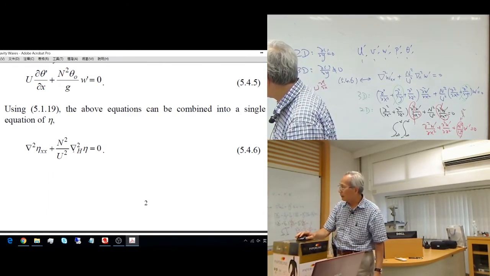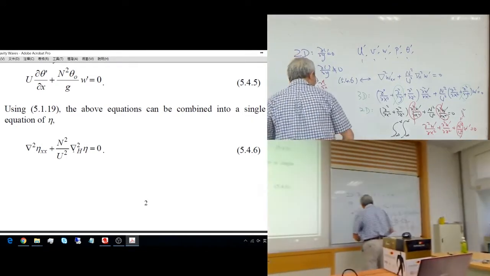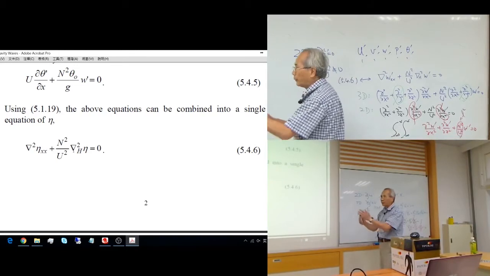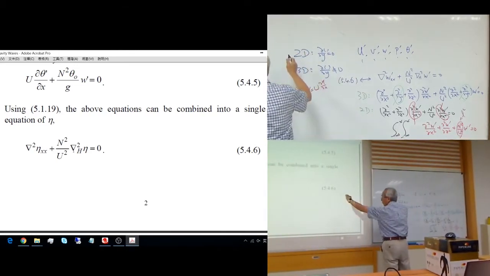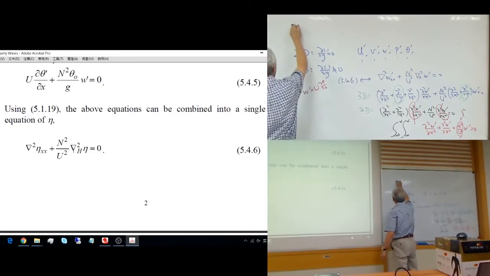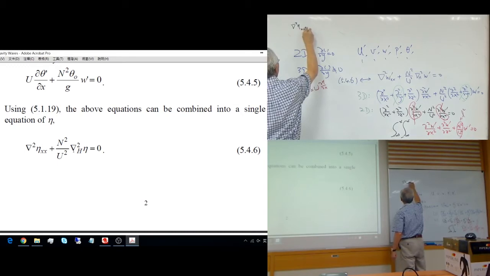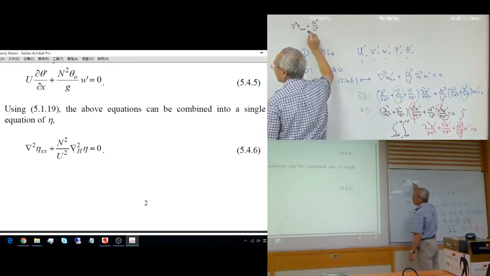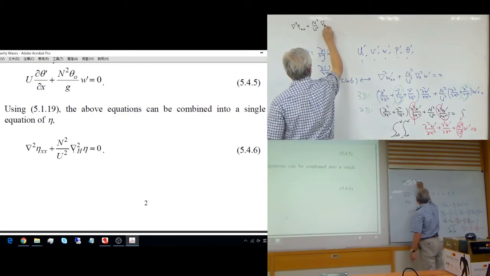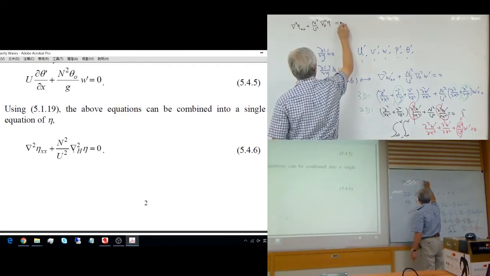Now you can transform into free space. If we follow Smith's approach, we use eta instead of w prime. Then we have N squared over U squared del_h squared eta equals 0.